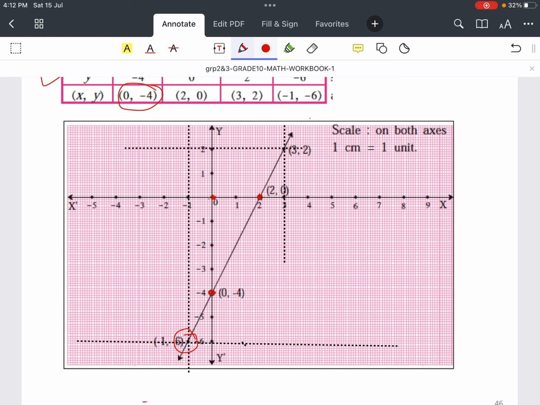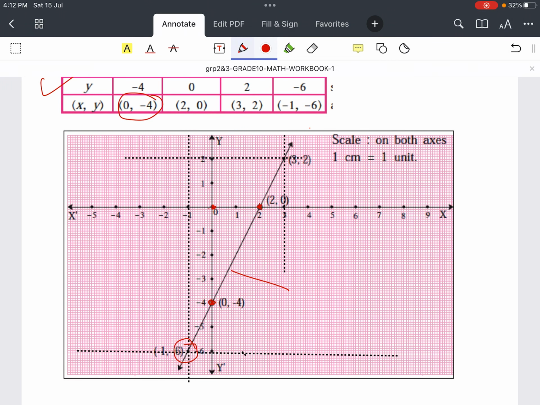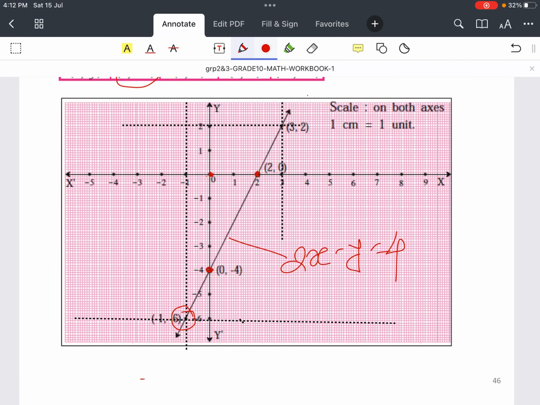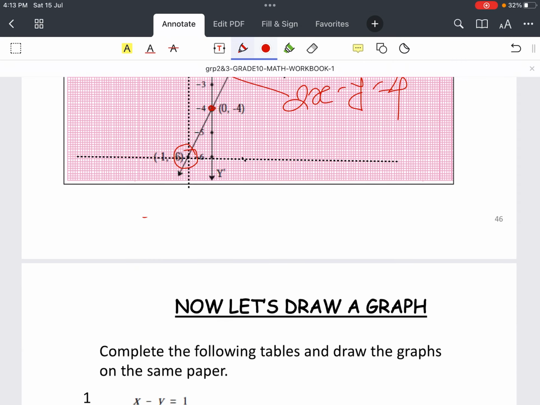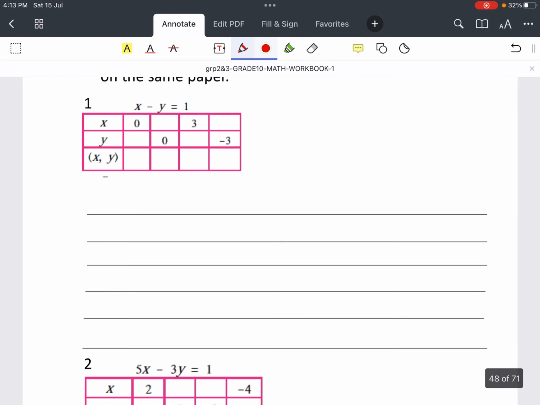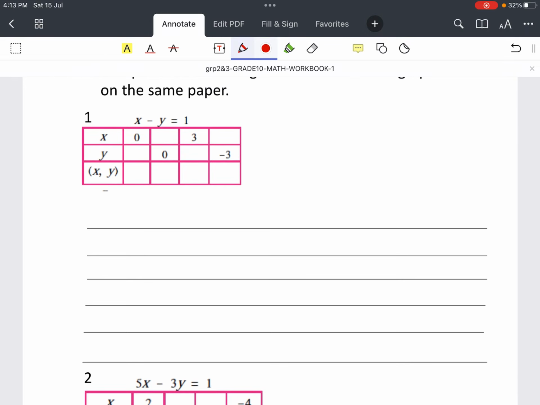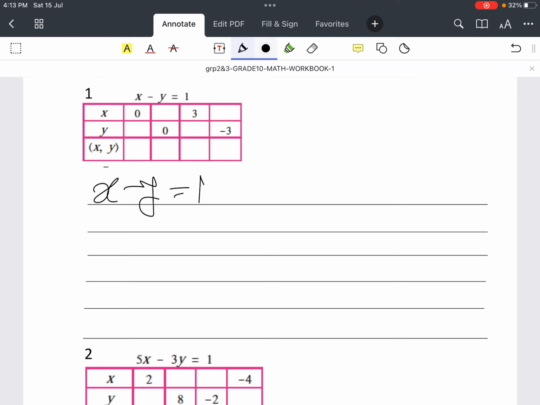So now, the equation that we have written is 2x minus y is equal to 4. So this graph is of which equation? 2x minus y equals 4. Similarly, what do we have to do now? The next graph is what we have to make. Clear? Okay, so let's begin with this. First of all we will solve this and then we will move to the graph. So as per the previous condition, we know that the equation is x minus y is equal to 1.